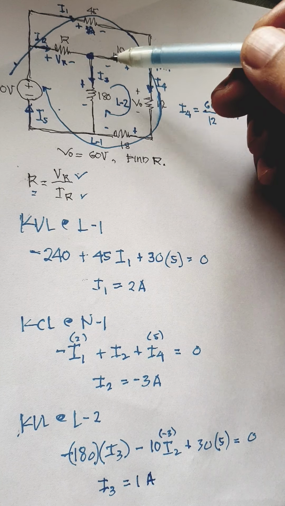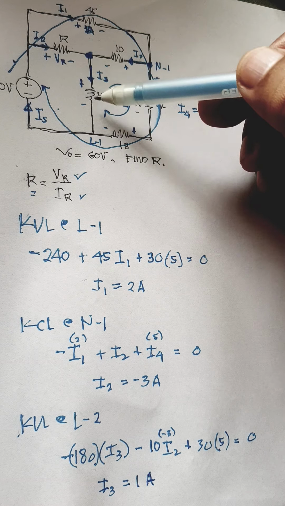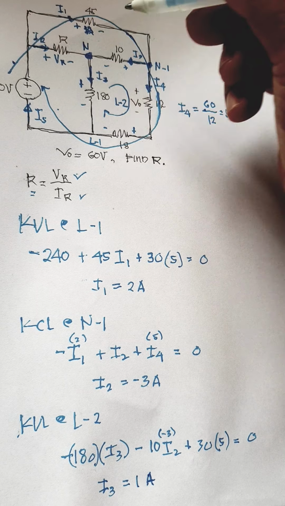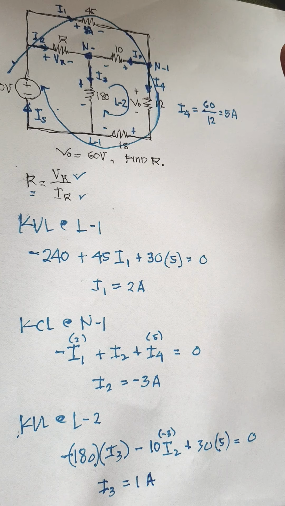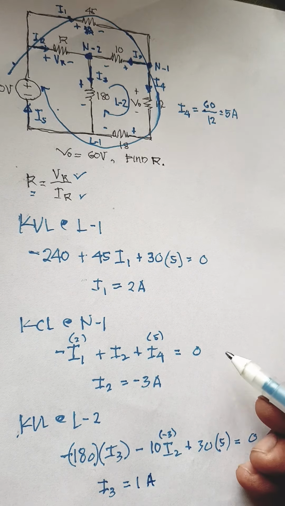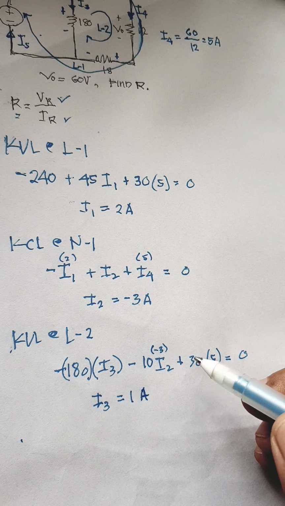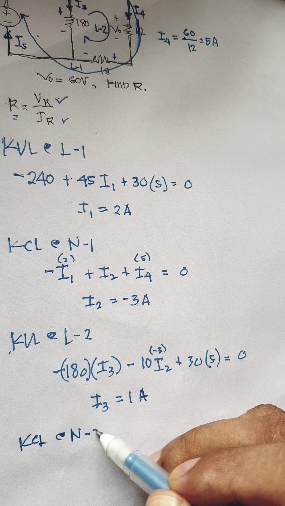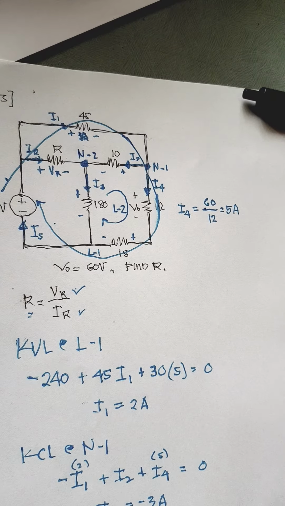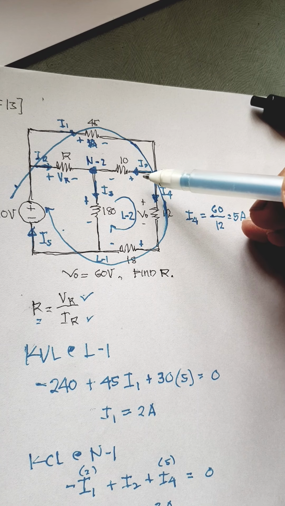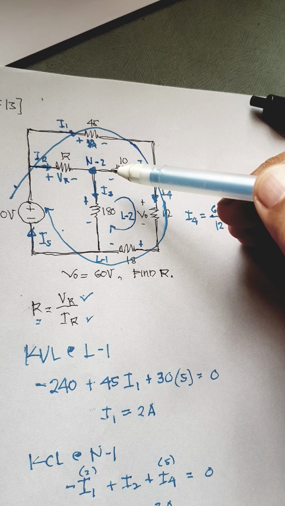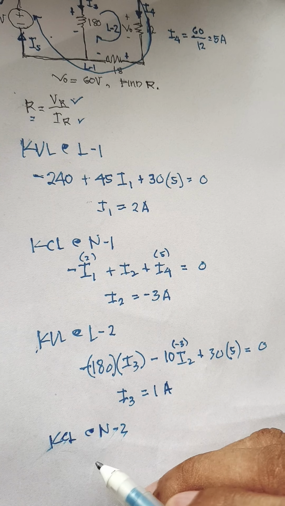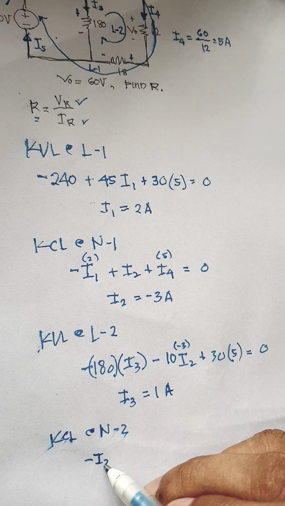Okay, so we already calculated the value of I3. We can now get IR if we perform KCL at this node. Let us call this node 2. KCL at node 2. So look, I3 is going towards the node, so that is negative I2.